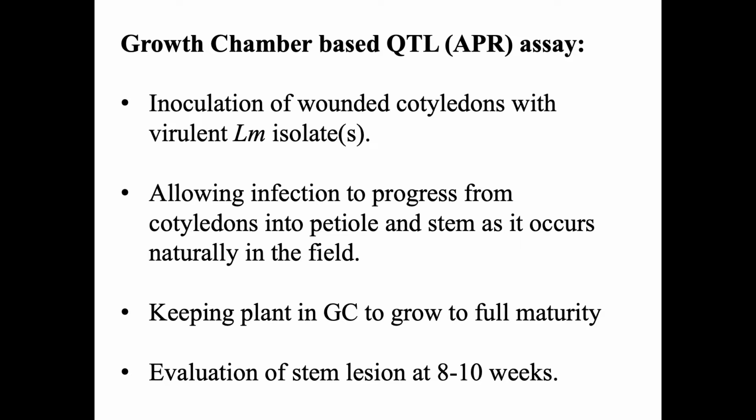During this period, we make repeated observations, and we note any abnormality in growth, any withering, yellowing of the leaves, and so on. At the end of the growing period, at 8 to 10 weeks, we evaluate the stem lesion by cutting the stems and scoring them.